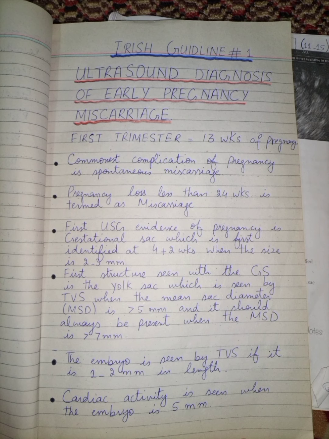The embryo is seen by TVS if it is 1 to 2 mm in length. Cardiac activity is seen when the embryo is 5 millimeters.